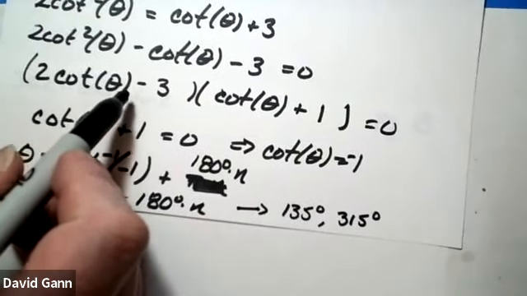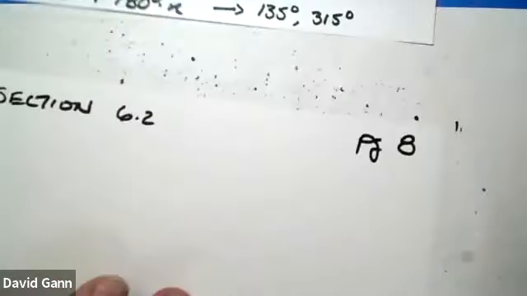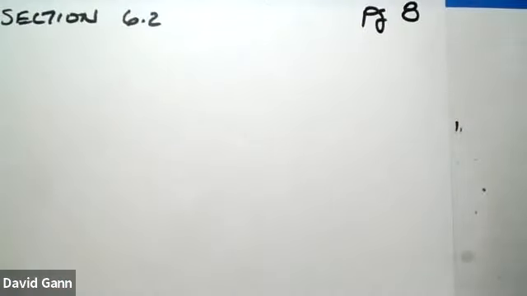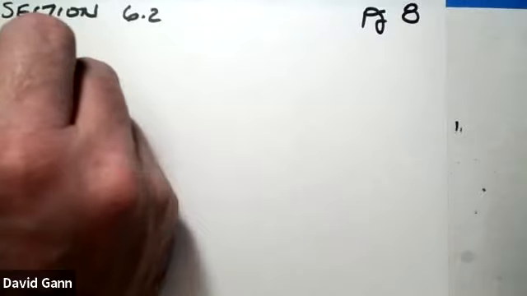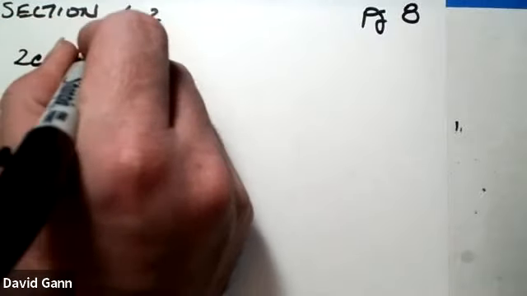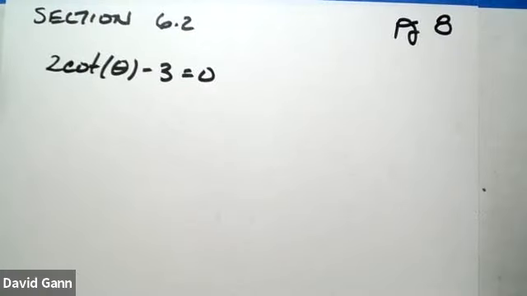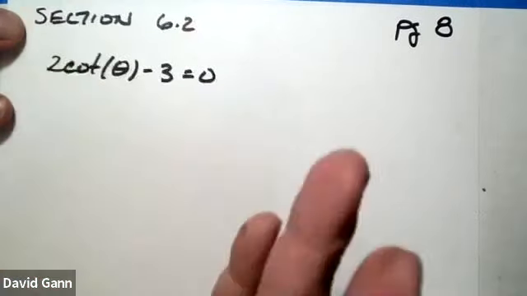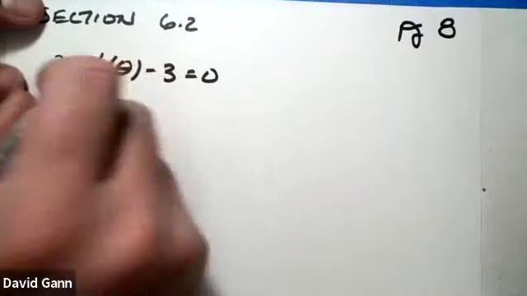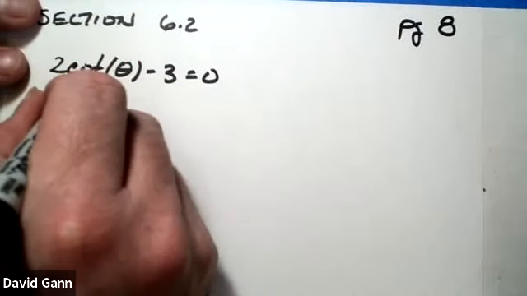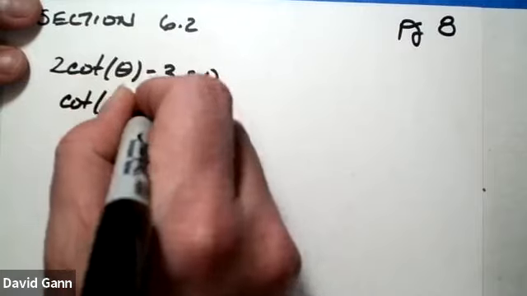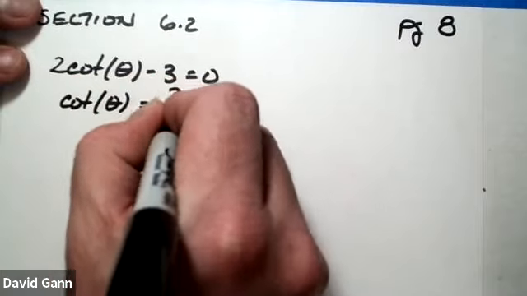We're trying to solve that factor equal to 0. So we've got 2 cotangent of theta minus 3 equal to 0. We want to solve this equation. Simplifying that, isolating the trig function, we get cotangent of theta equal to positive 3/2.